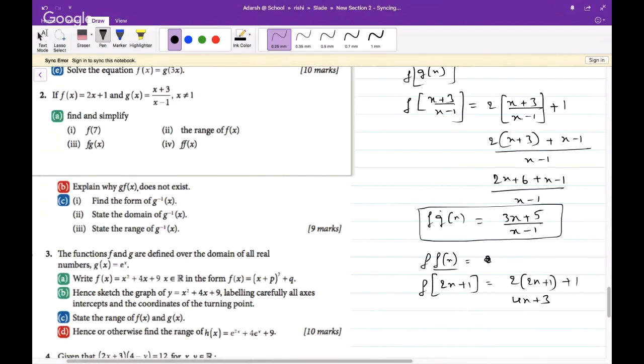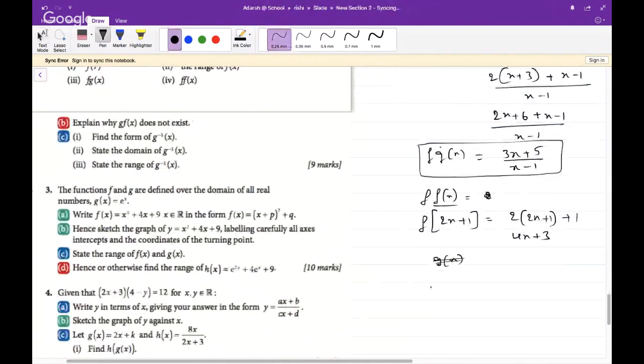Explain why g of f of x does not exist. So g function happens to be, let us write in that form. g of f of x. Now the innermost function, which is 2x plus 1.